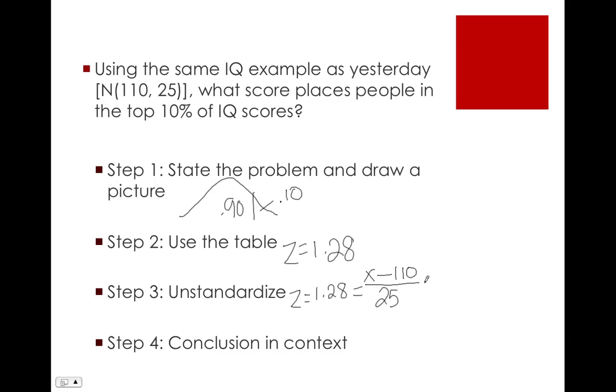Okay, to solve for x, I'm going to start by multiplying both sides by 25. And when I multiply 1.28 times 25, I realize that I don't have a calculator in front of me, so hang on just a second.